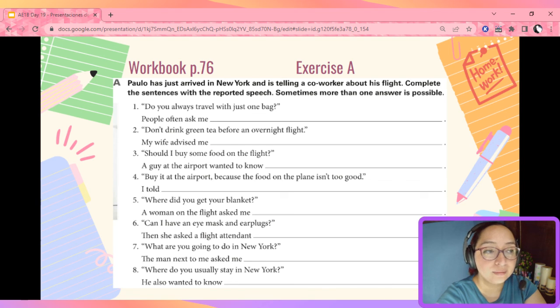People often ask me if or whether I always travel or traveled with just one bag. Remember, because it's a yes/no question, we're using if or whether. And just like in the previous exercise, if the trip already happened, traveled. But if this is a habit, like in this case, we can use travel. Pause the video and work on the rest, please.